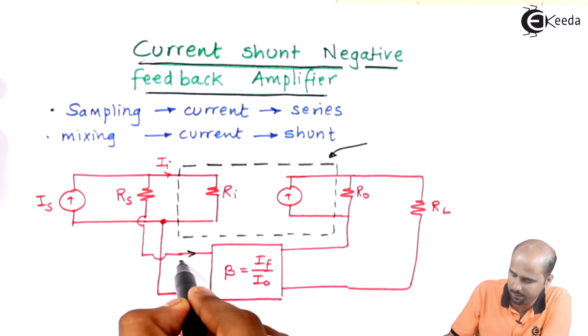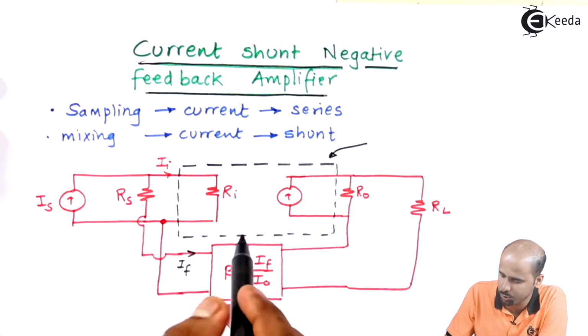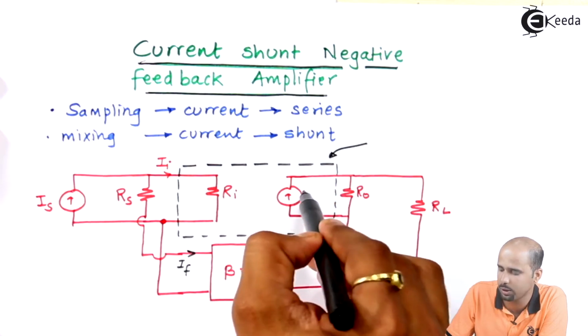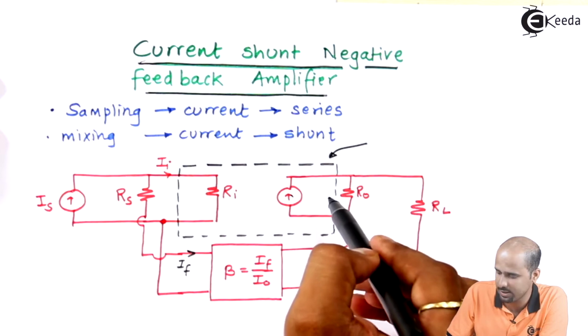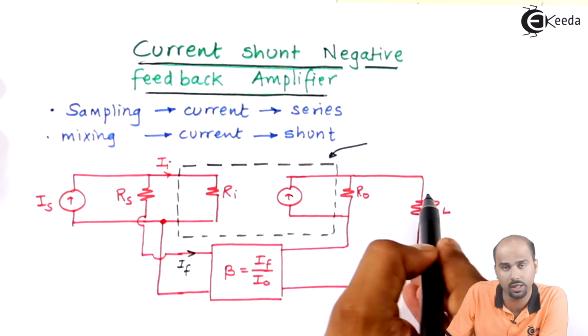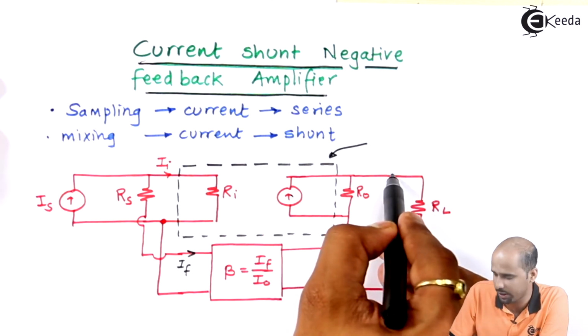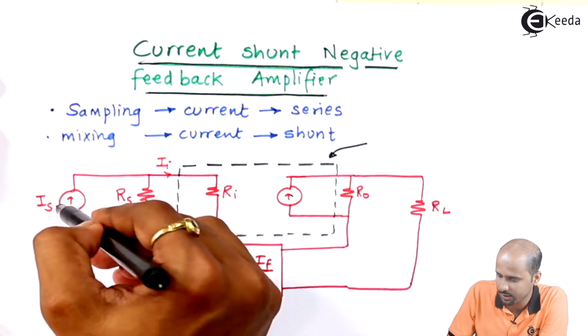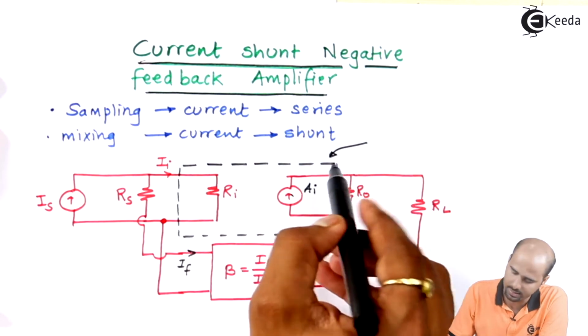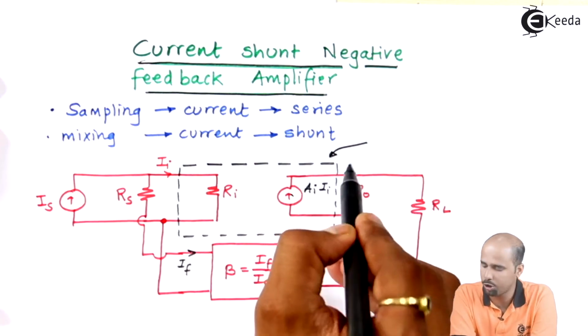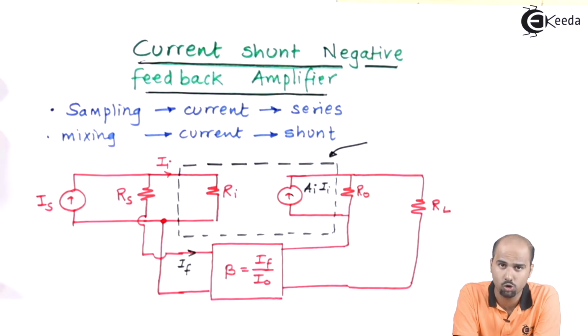Now we will be in a position to write the value of the dependent current source, as we know that this is of the type current and this is also of the type current. I will be getting the current gain, that is AI multiplied by II, and that is the value for your dependent current source.